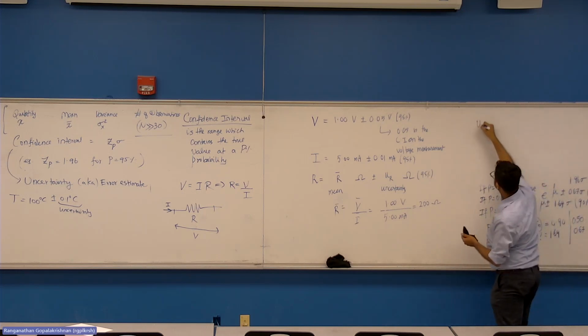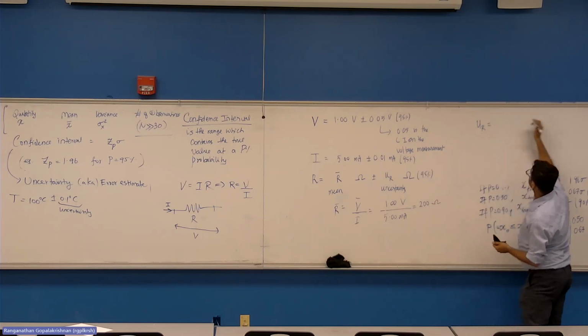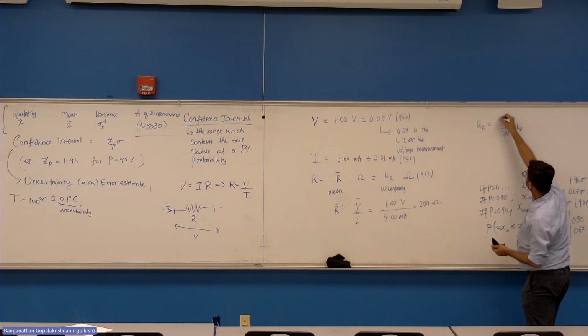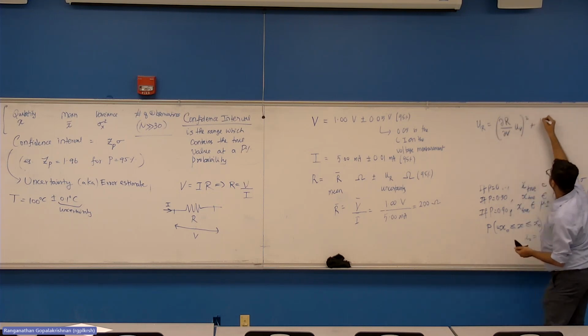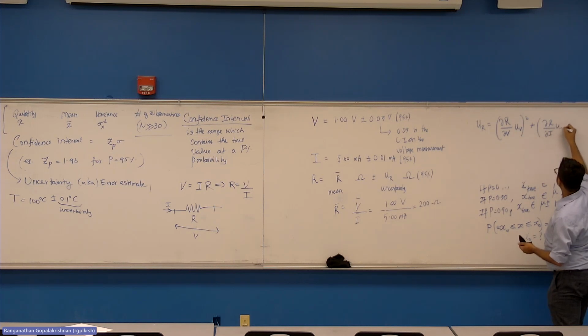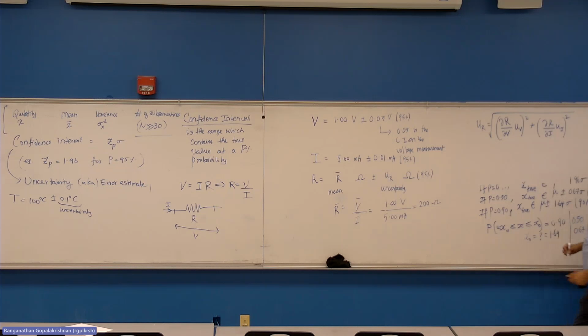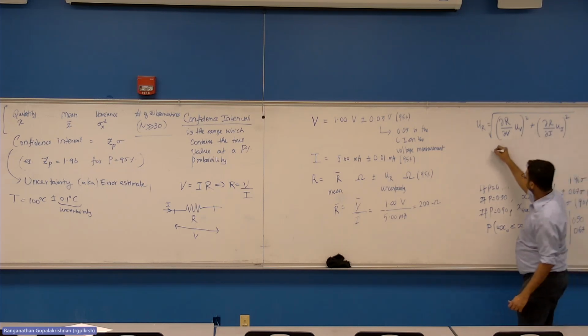The uncertainty in R is the square root of the partial derivative of R with respect to V multiplied by the uncertainty in V, squared, plus the derivative of R with respect to I times the uncertainty in I, squared. What is this?